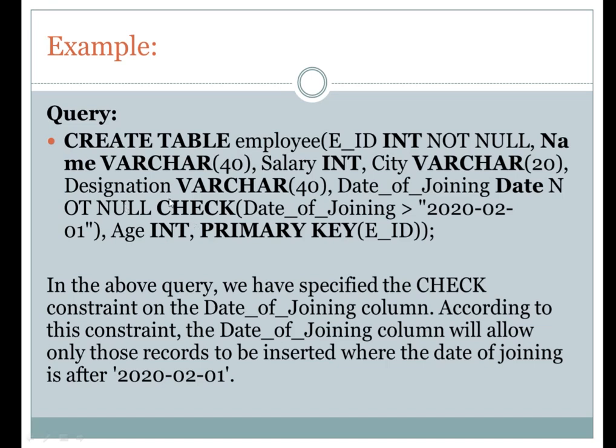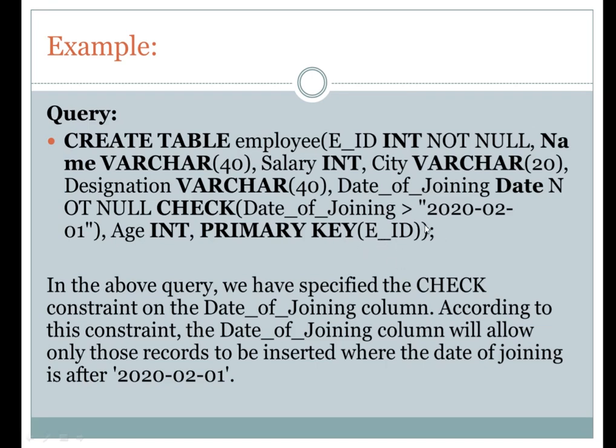Then we apply a check constraint on date of joining: check whether date of joining is greater than this particular mentioned date. Then the next attribute is age, which is integer type, and there is a primary key on employee ID.